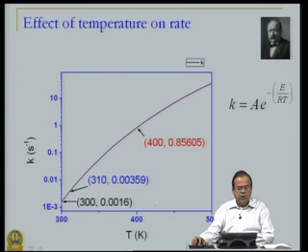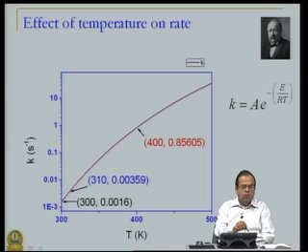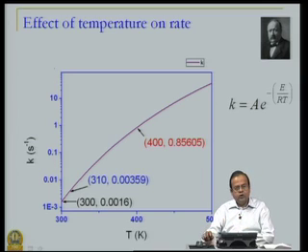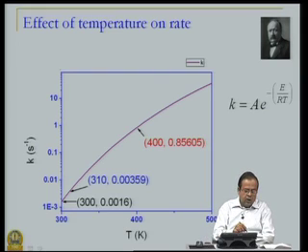Let me make the y axis natural log to actually see what is happening here. For example, when temperature is 300, with a certain activation energy, the rate constant is 1.6 into 10 raised to minus 3. So, this is my rate constant.